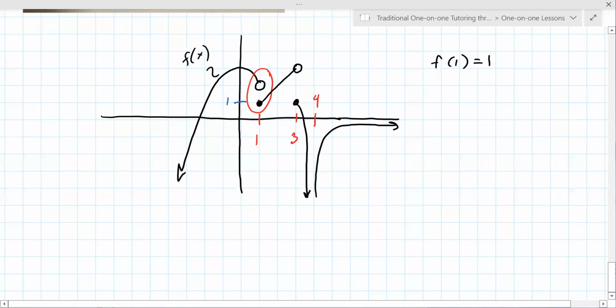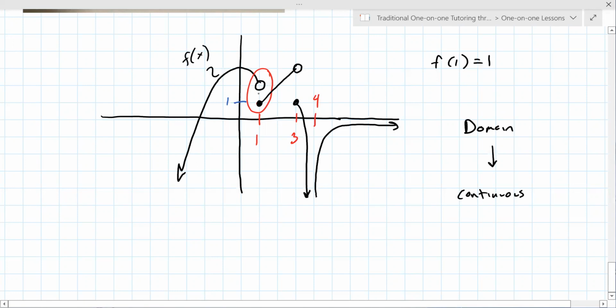So the jump discontinuity is different than domain. And maybe that's what's unclear. There's your domain, and then there's continuous, and they're different. So maybe that's what you were thinking of.